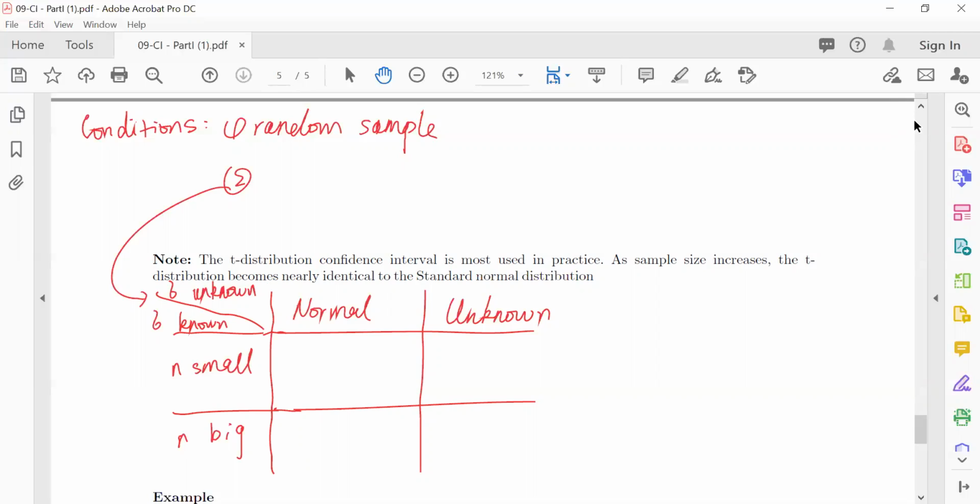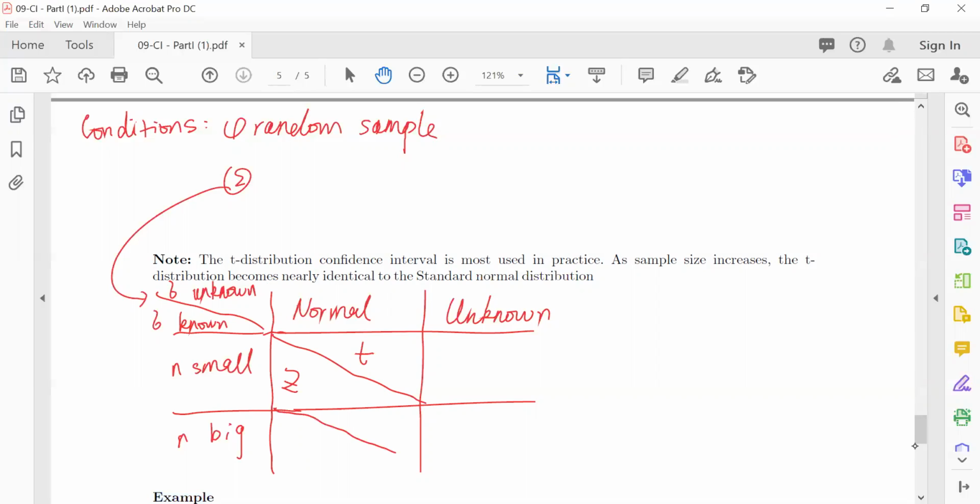So when your sample size n is small, when sigma is known, we are going to use the formula for the z-score. When your sigma is unknown, we are going to use the formula for the t-score.